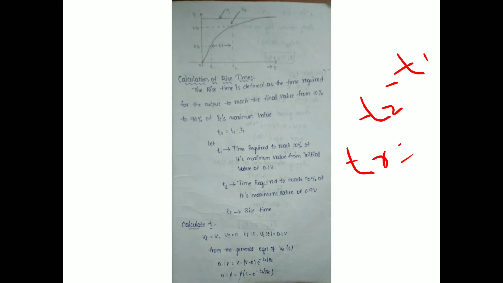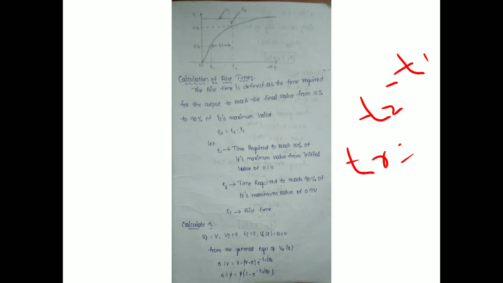T2 is the time at which the signal reaches its maximum value, that is 90% of its value. T1 is the initial time, that is when the signal reaches 10%. So the rise time Tr is equal to T2 minus T1.